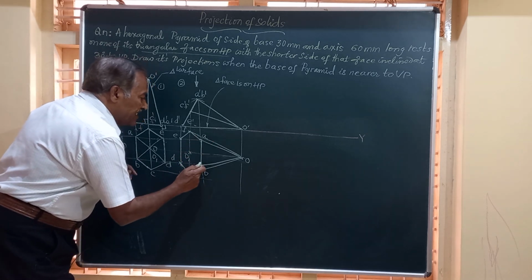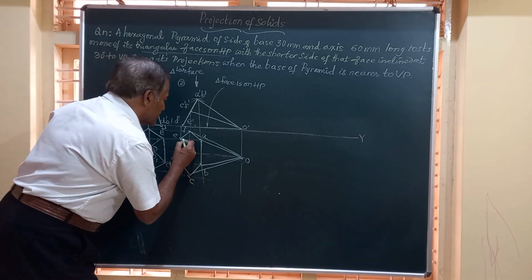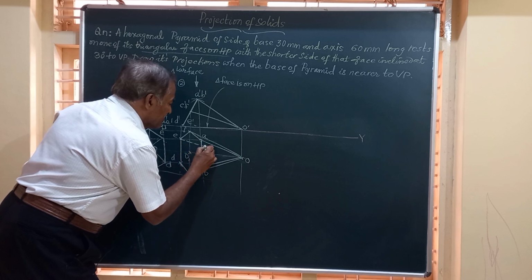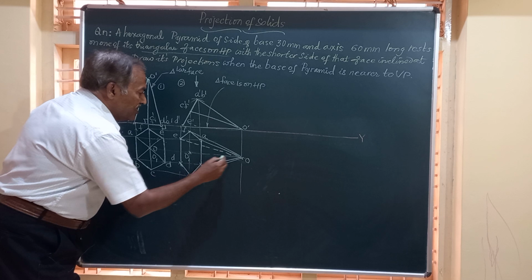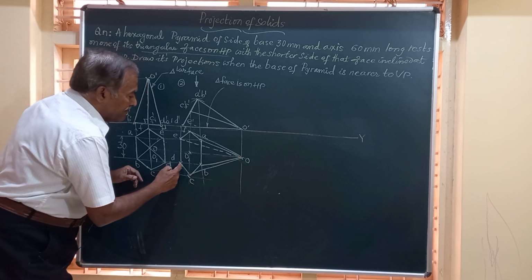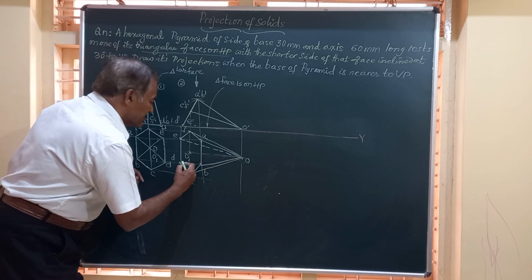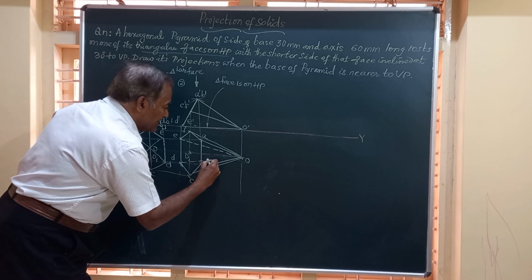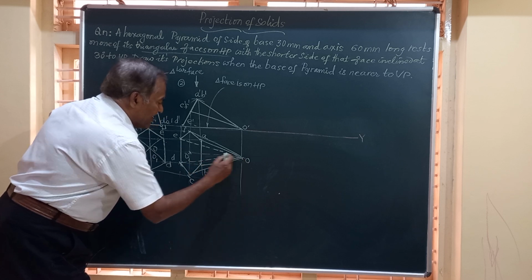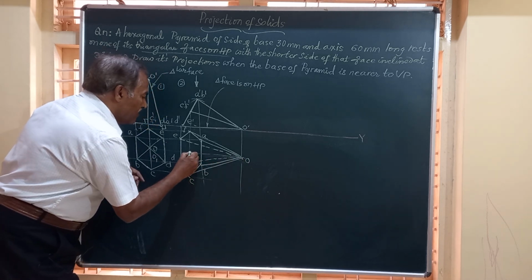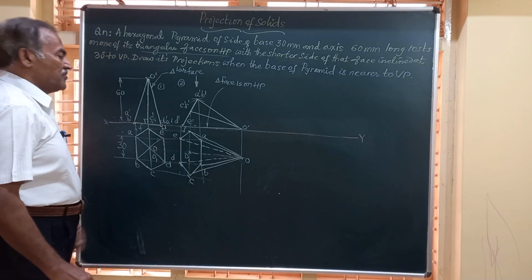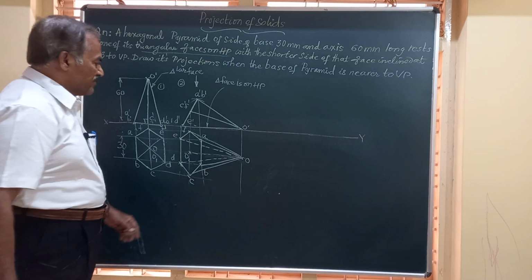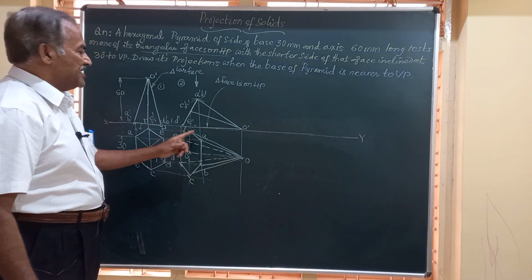We know this is already a full line, so this has to be a dotted line. On the same principle, friends, if you are joining O to D, it is intersecting again this. So we have to join that by a dotted line. Friends, this is how the pyramid looks in the top view when it is resting on one of the triangular faces, that is ODE on HP.